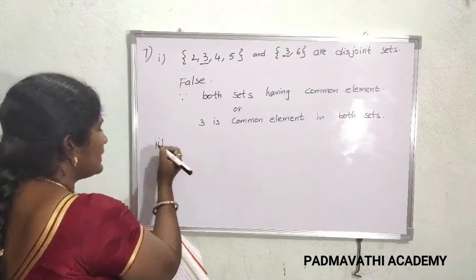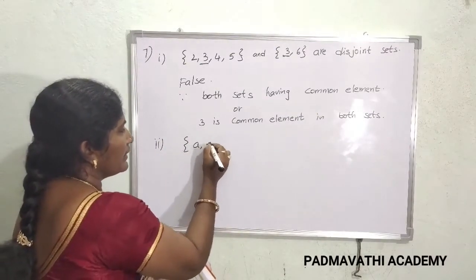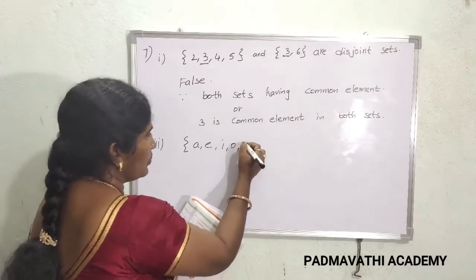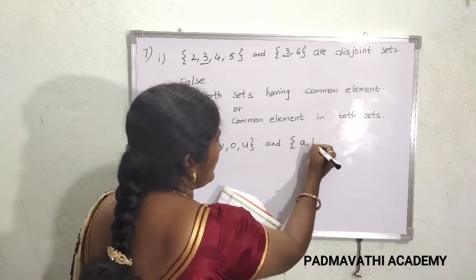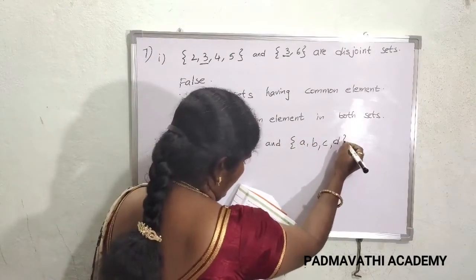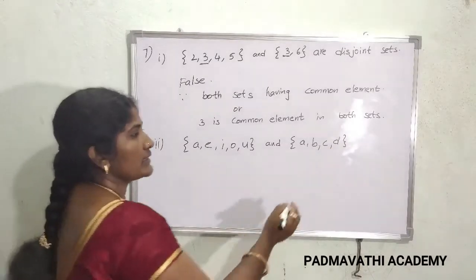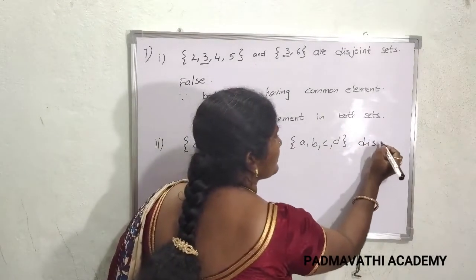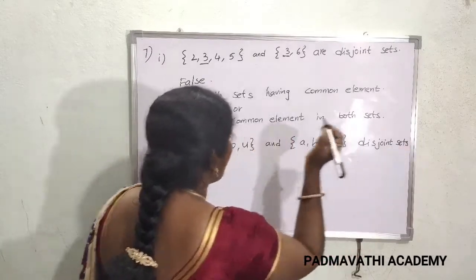Second one. In the second statement, what did they say? A, E, I, O, U and A, B, C, D are disjoint sets. Again check.